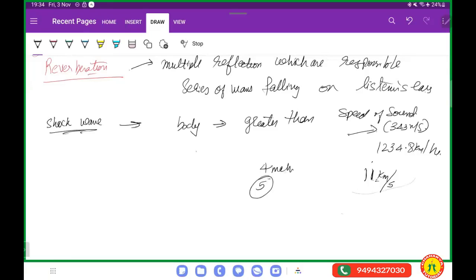So imagine this speed, 11,000 meter per second. So what is my point here? This sound barrier is very, very small compared to this one, and our speed is very, very small compared to the sound barrier. So generally we cannot reach that much speed, only the fastest plane or fastest train.